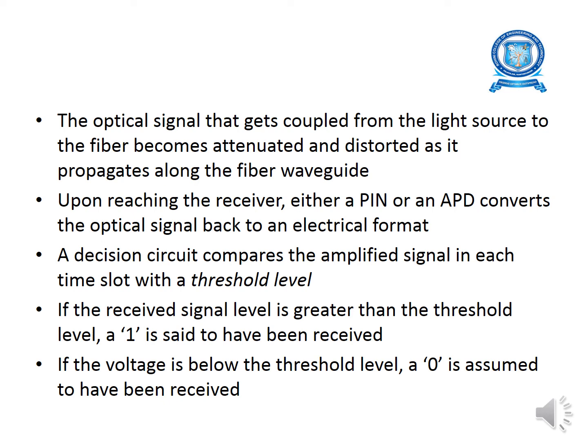When the received signal is less than the threshold level, it is considered as 0. An optical signal coupled from the light source to the fiber becomes attenuated and distorted as it propagates along the fiber cable. If the received signal is greater than the threshold, 1 is received, else 0 is considered.